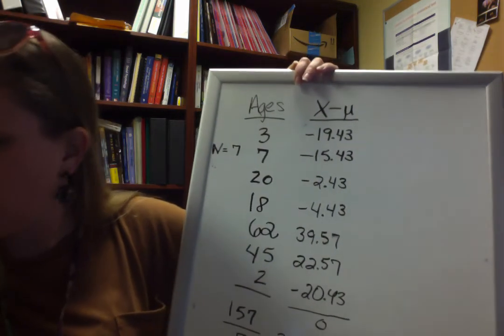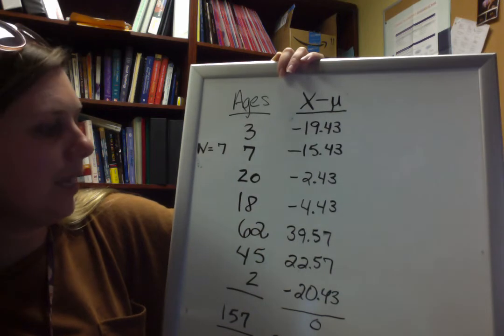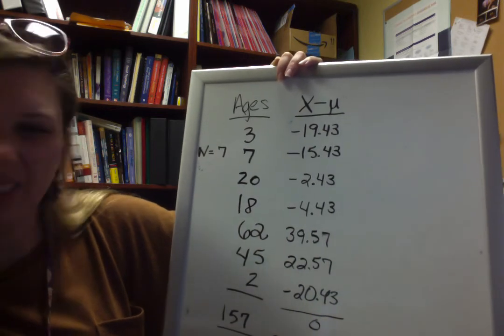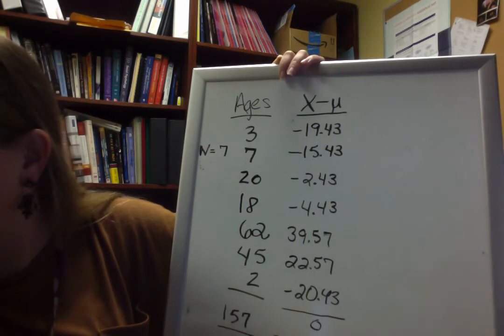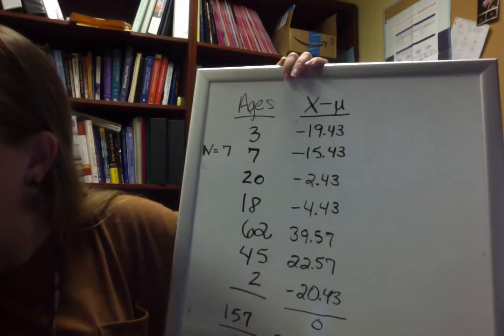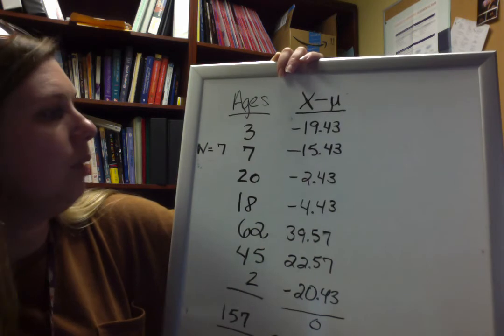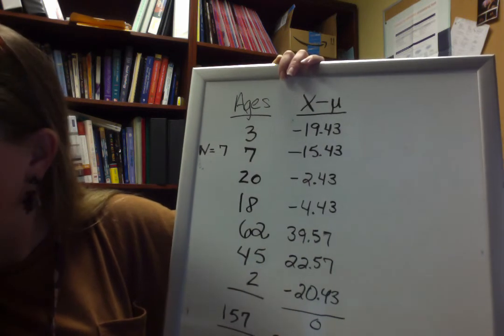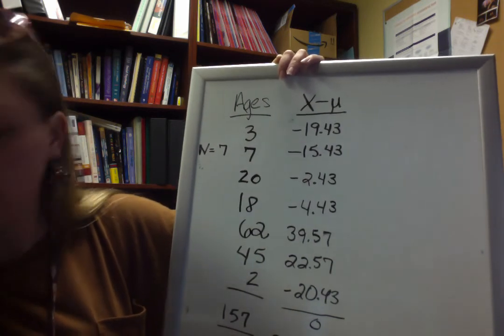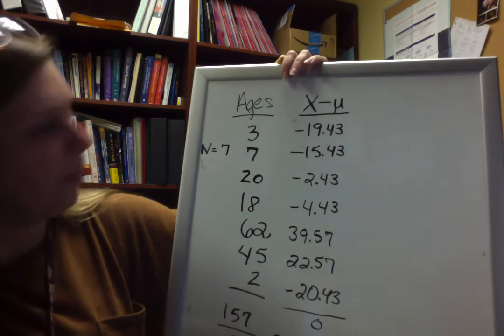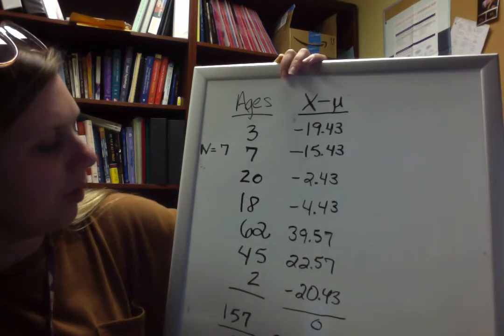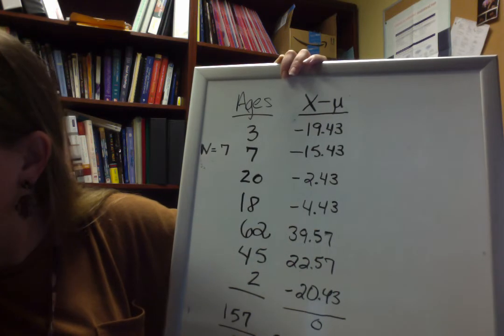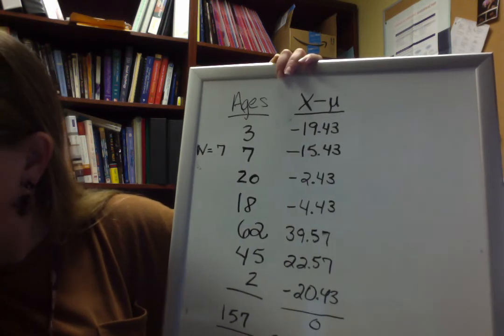So we're going to add together the negatives, I think. It's usually easier for me to just add together the negatives and then balance them out with the positives and make sure it's 0. So we'll do the first one, 19.43 plus 15.43 plus 2.43 plus 4.43, and we'll go to the other negative, plus 20.43.